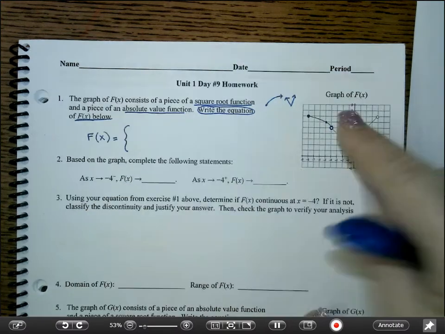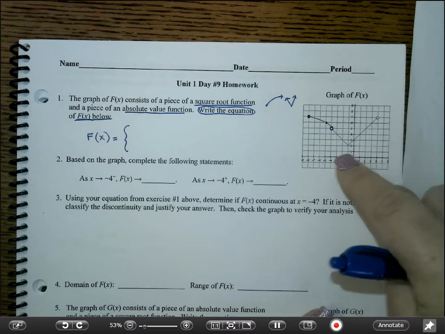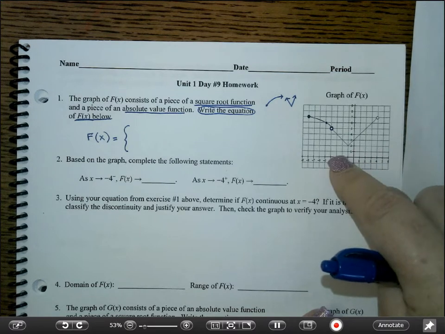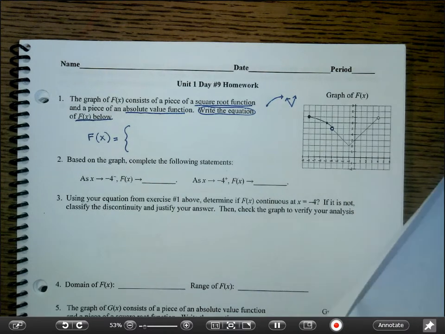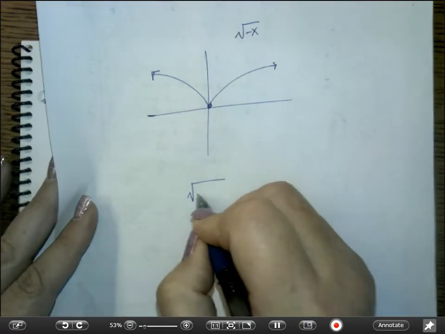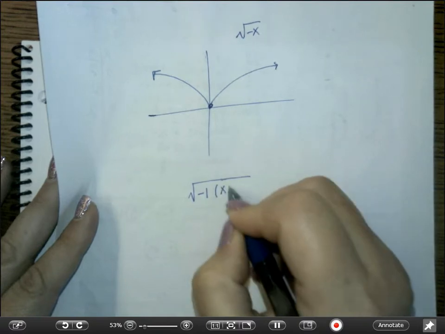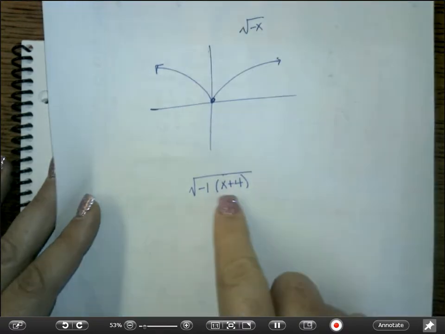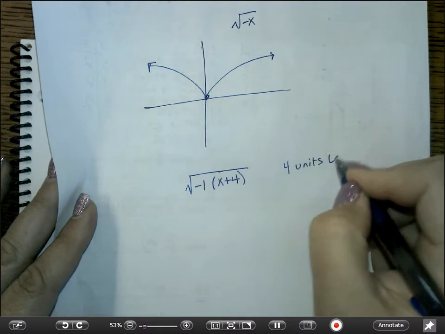We also have this spot shifted 4 to the left. So we have to be very careful about what that looks like, especially when we have a negative x involved. So we know that we've got a negative 1, and then we have an x plus 4 because that represents 4 units left.